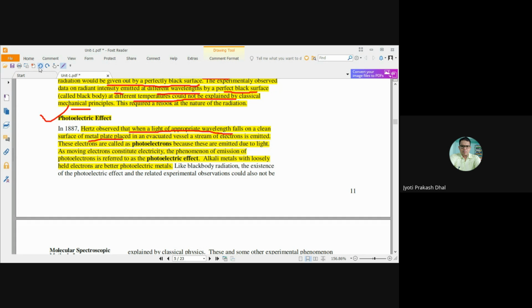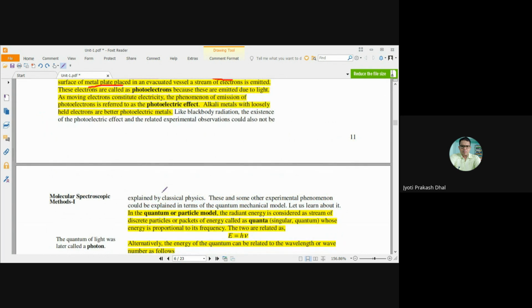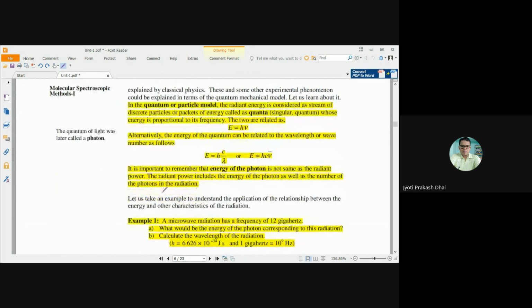Hence, when electromagnetic radiation of relatively low energy falls on them, the loosely bound electrons from the surface of the alkali metals will be emitted, and that is called the photoelectric effect.